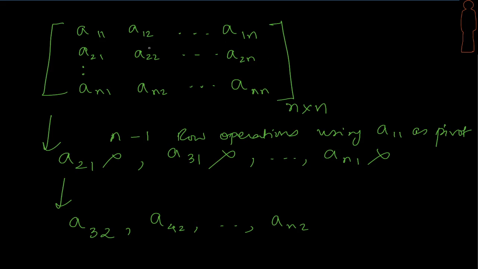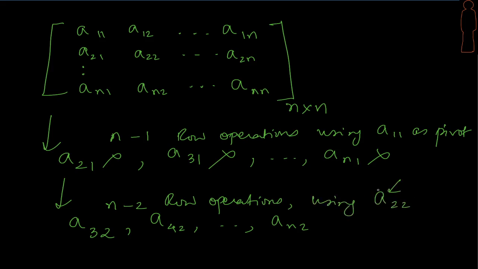The matrix itself is now only n-1, n-1, and of that one row is remaining, we leave it as it is, all the rest under the first column we are going to eliminate. So that makes it n-2 row operations, and we did it using A22, right?